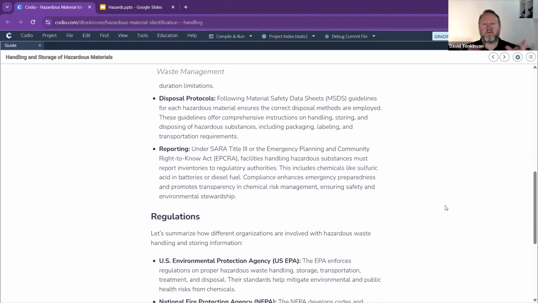Now, to wrap that up, we also need to report under SARA Title 3 of the Emergency Planning and Community Right to Know Act. So another big long acronym in there for you guys. Any facility handling hazardous material substances must report the inventory on a regular basis to the authorities.